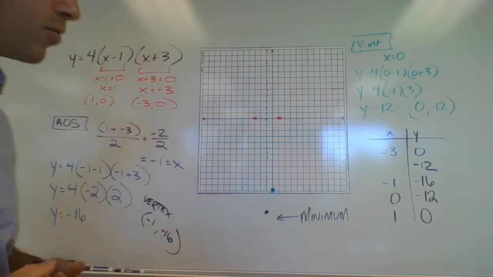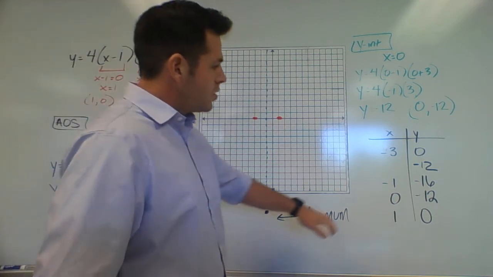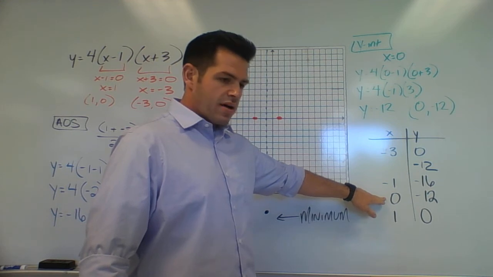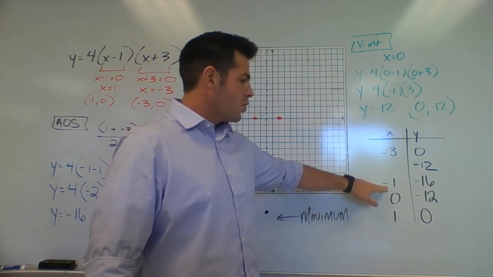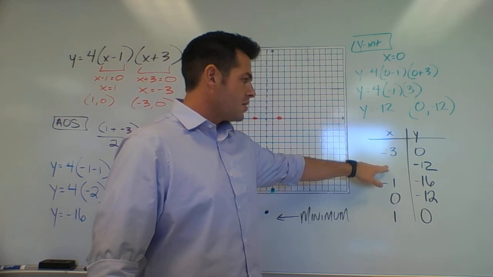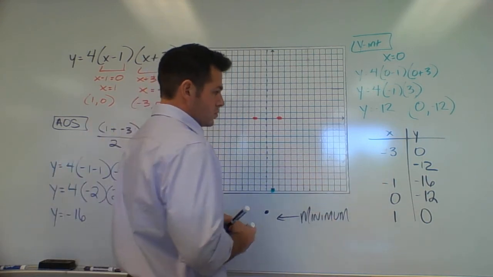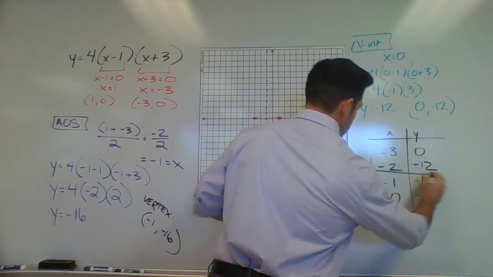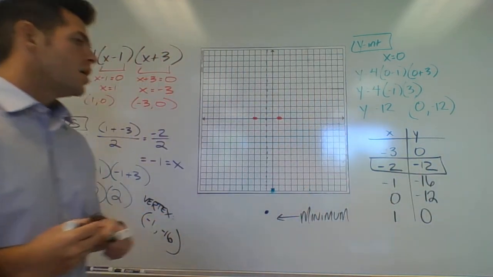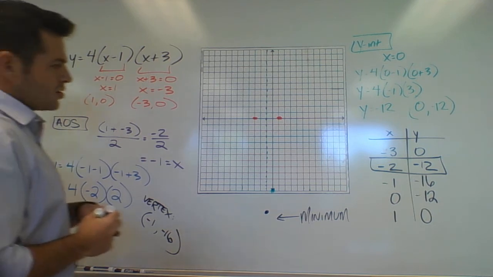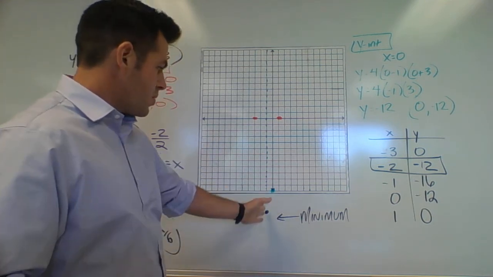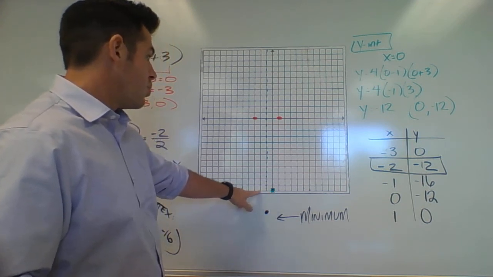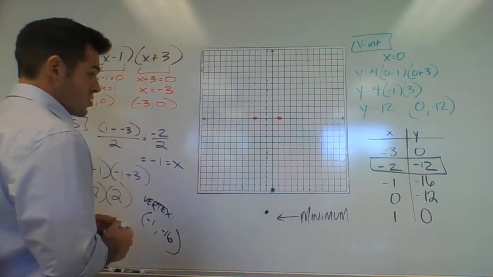What would the x value be? -1 to 0 here is 1 spot away. 1 spot away in the other direction would be -2. So maybe you're able just to look at the graph and understand that there's the mirror right there. Here is a point on the right side. A point on the left side would be the same exact situation right there.